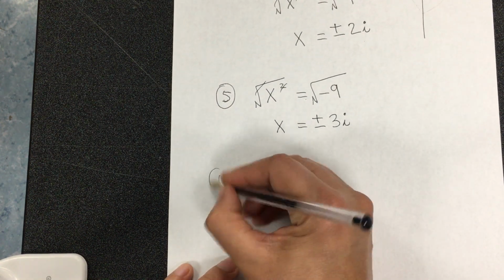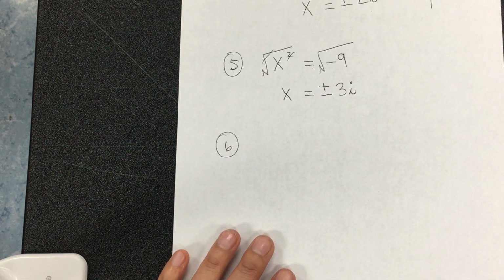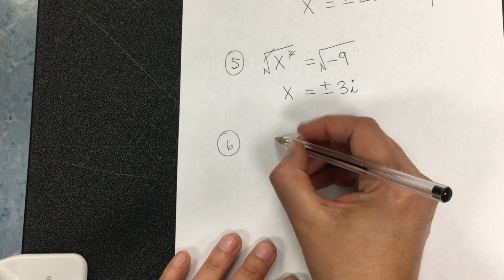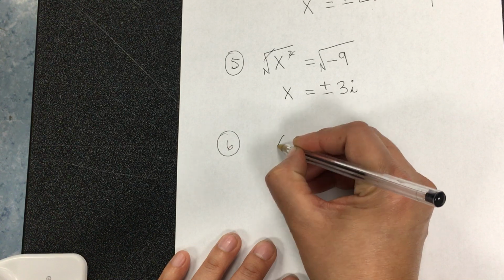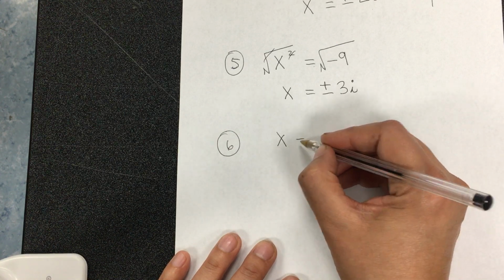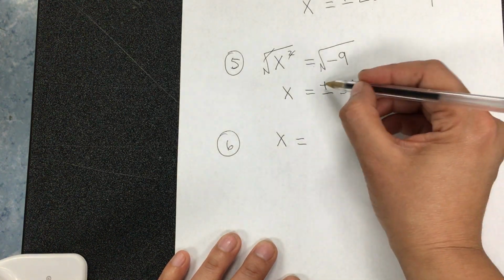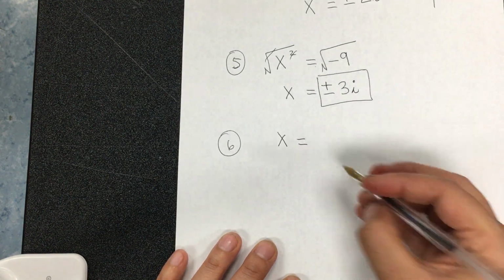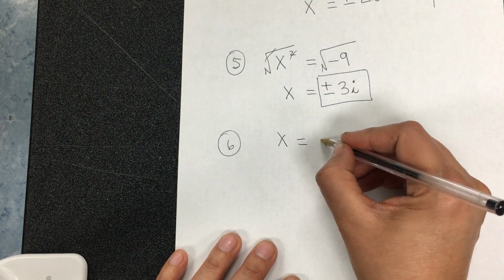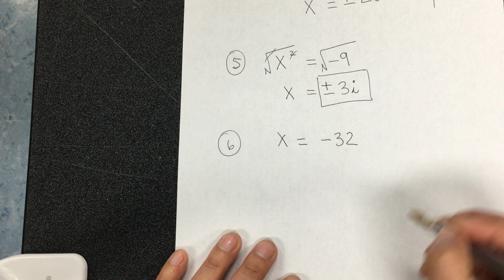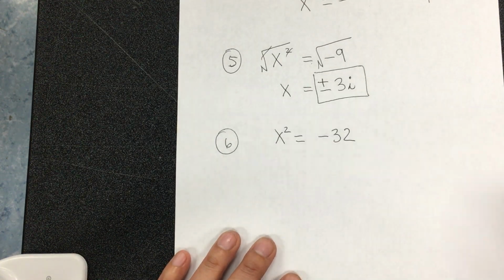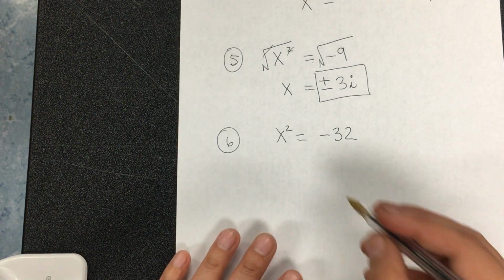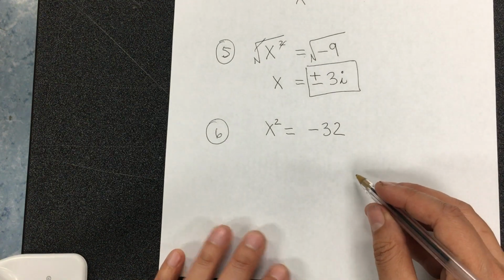Okay, one more. What if we have x squared equals negative 32?